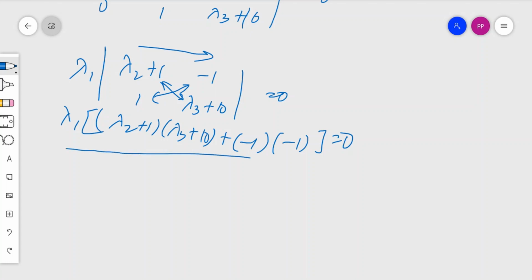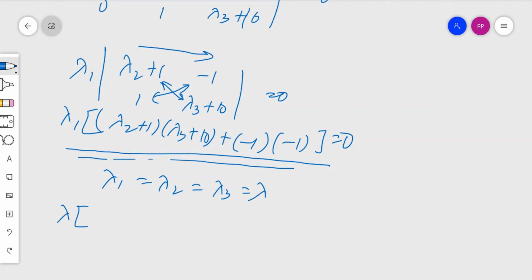So here we find that in the case of eigenvalues and eigenvectors, lambda 1, lambda 2, lambda 3 form the roots of the characteristic equation. Replacing the values, we get lambda times (lambda plus 1)(lambda plus 10) plus 1 equal to 0.